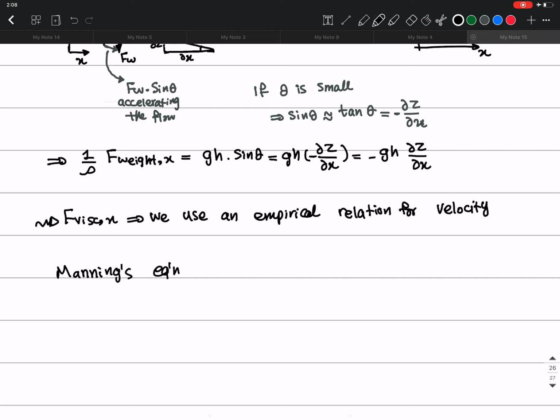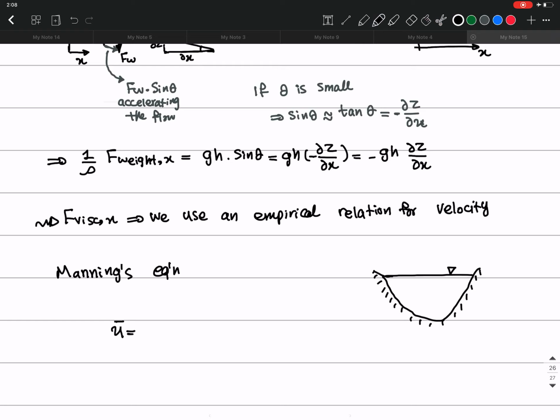So Manning's equation states that, say, if you have a channel which is filled with water, it's an empirical relation, meaning they have found it by fitting some curves.